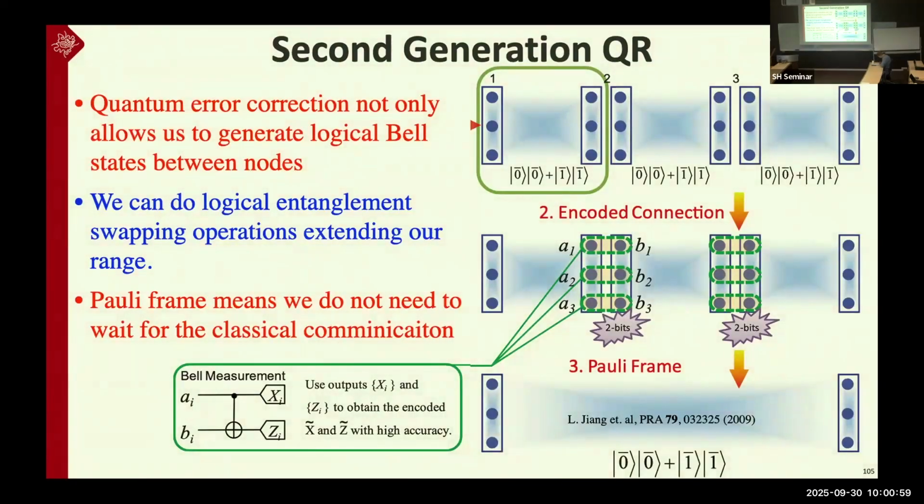The whole point is that once I have this logical Bell pair between Alice and Bob, I can do the same between Bob and Charlie, Charlie and David. These are logical forms, so I can now do logical entanglement swapping gates. So I move from physical entanglement swapping to logical gates, and create logical entanglement between here and here, all in an error-corrected logical form.